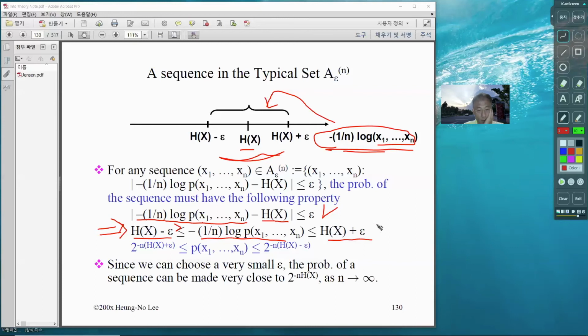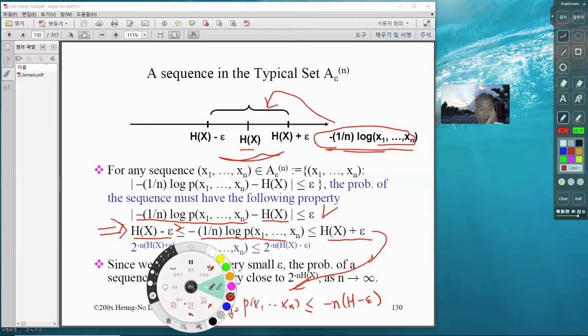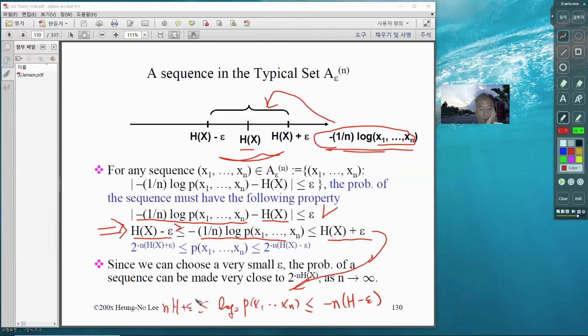So from this, I obtain right here the log of P(x1...xn), upper bounded by minus n times H(X) minus epsilon, and lower bounded by minus n times H(X) plus epsilon.